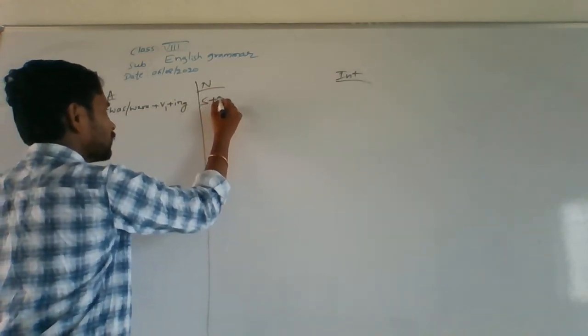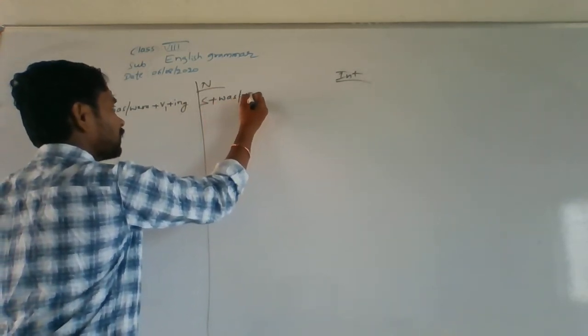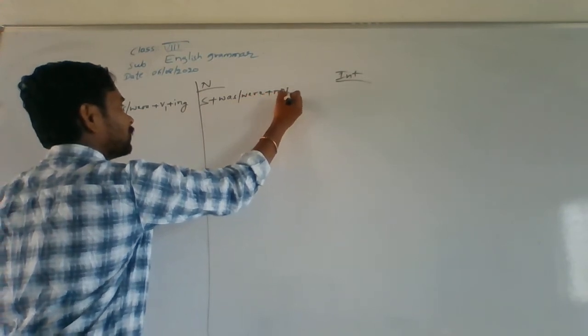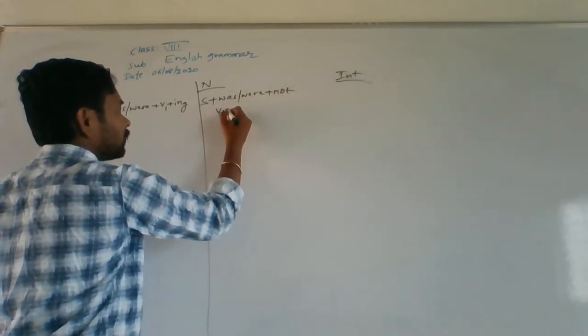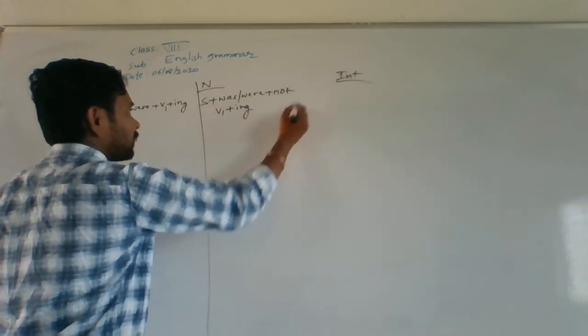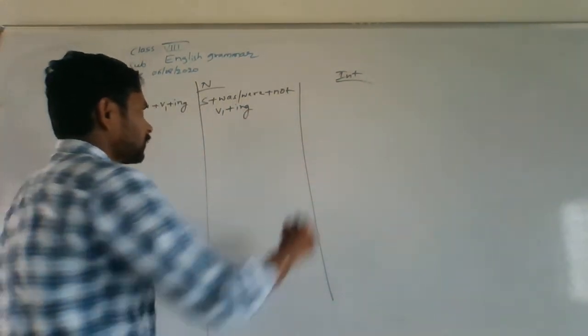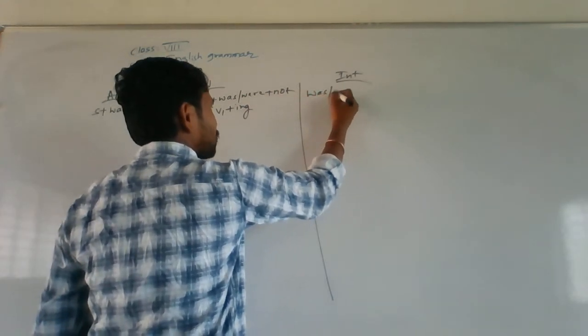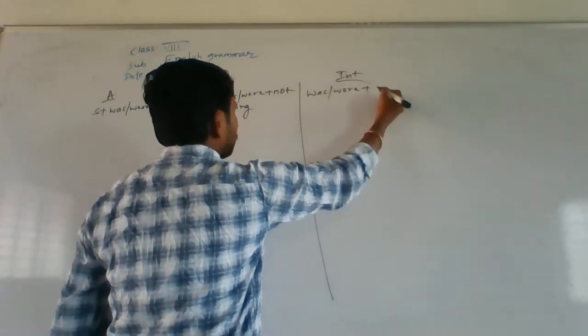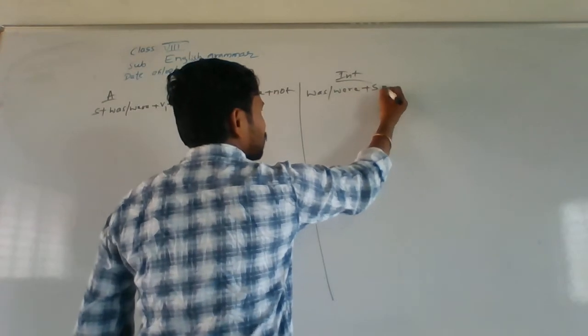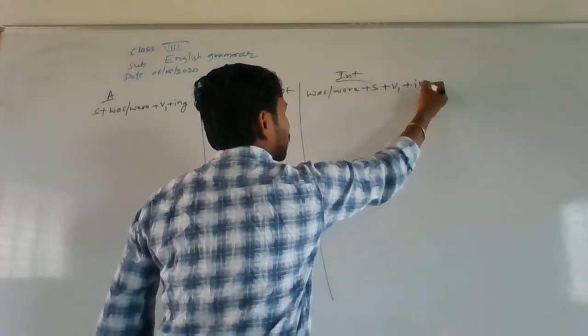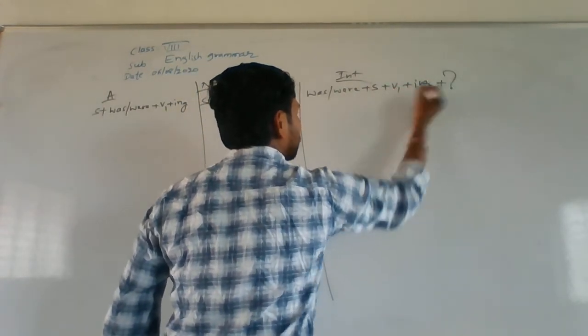Negative: subject, was or were, then not, V1 plus ing. Then interrogative: was or were, subject, V1 ing, question mark.